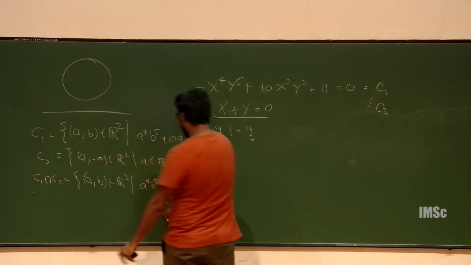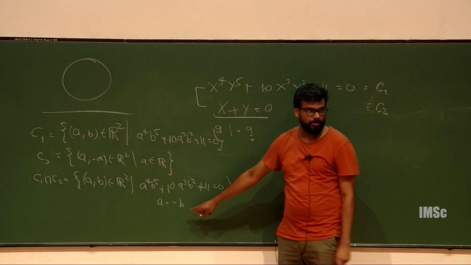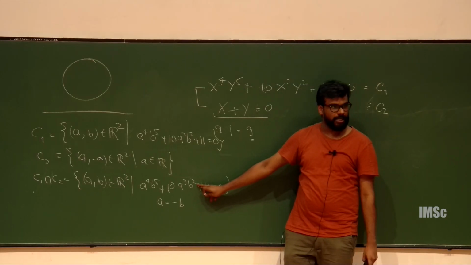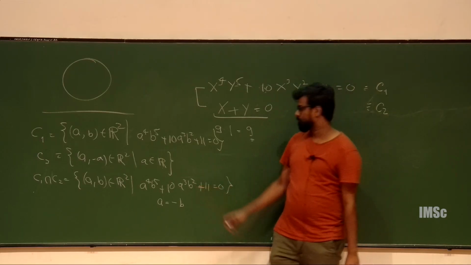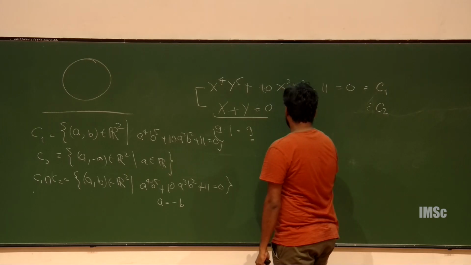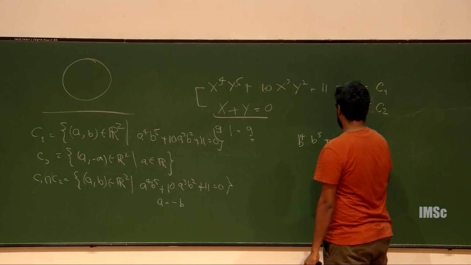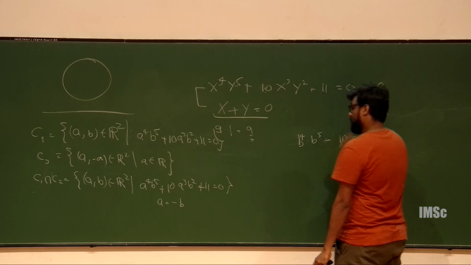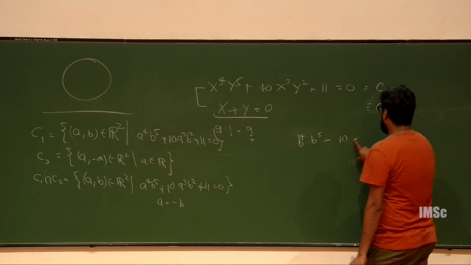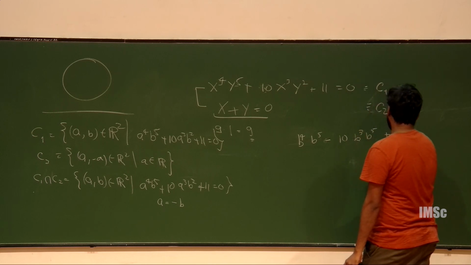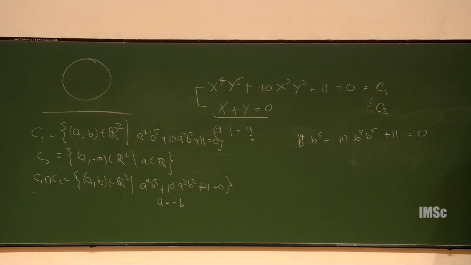Now, suppose a is equal to minus b, what will I do? I will just put a equal to minus b in the first one, right. What will I get? Minus b power 4 times b power 5 plus 10 times b power 3 times b power 2, plus 11 equals 0, right.